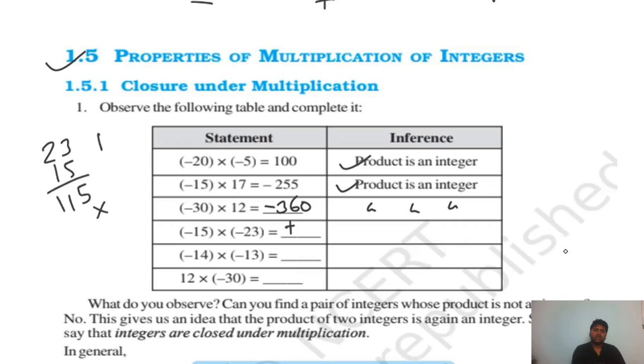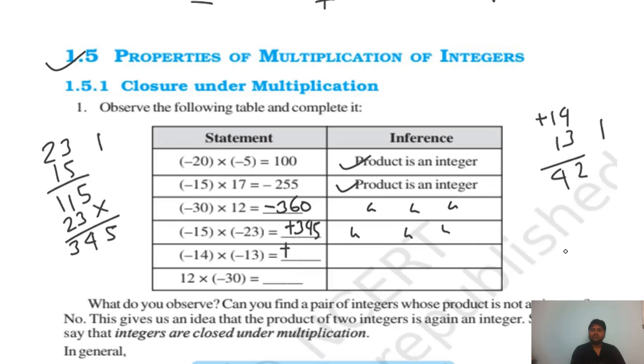So we get 345, and the product is an integer. Now minus 14 into 13, we get a plus sign, and 14 into 13 is 182. The product is an integer.